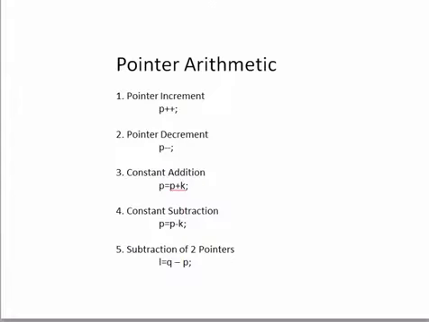So that's it. These are the arithmetic operations allowed on pointers. None other than these is allowed: p plus plus, decrement p, add a constant k to p, subtract a constant from p, or subtract two pointers. We cannot add two pointers. This is not allowed. We cannot multiply two pointers. This is not allowed.